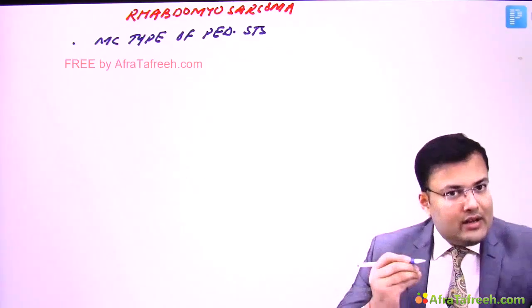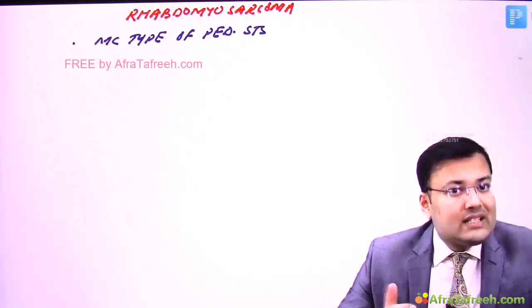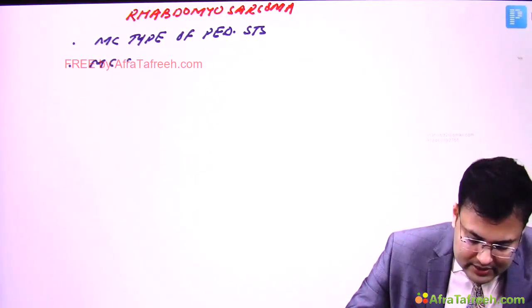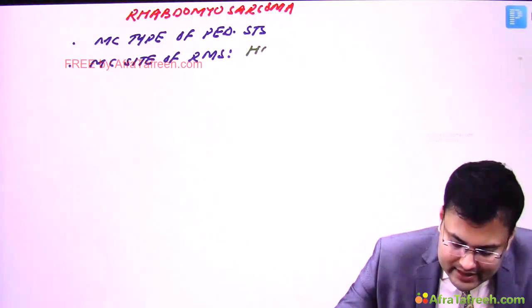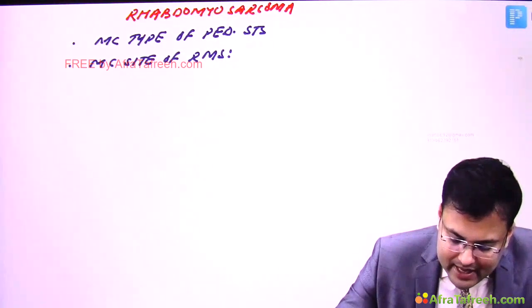Okay. So in rhabdomyosarcoma, what is the most common site? It is the head and neck. In head and neck, exactly where? It's parameningeal.